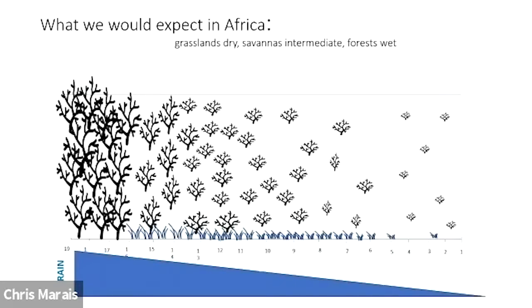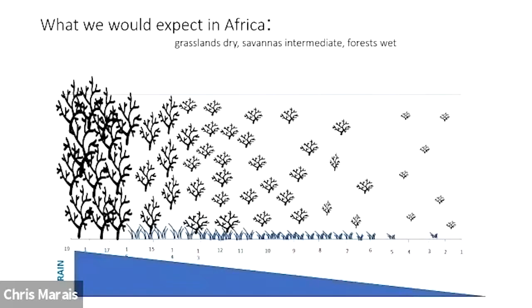As the rainfall increases, the grasses increase, the trees begin to come in, and those are the savannas. And as it gets wetter and wetter, there is a point where the trees form forests and shade out the grasses. So that is now grassland at the dry end, then savannas, then forest, along a rainfall gradient.